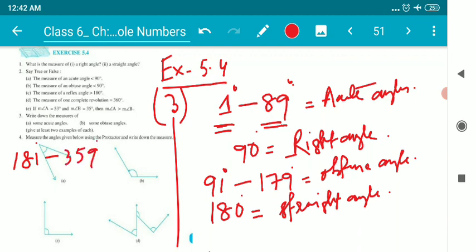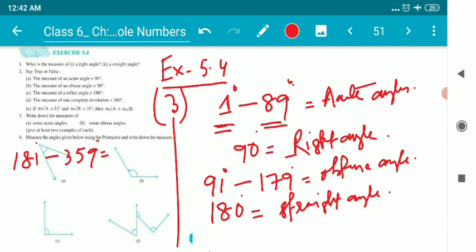Children, it's very important to remember this range, because these things come in higher classes as well, and you have to answer by looking at the figure, or measuring the figure. We have to name the figures. If you do not know the range properly, we won't be able to answer correctly.